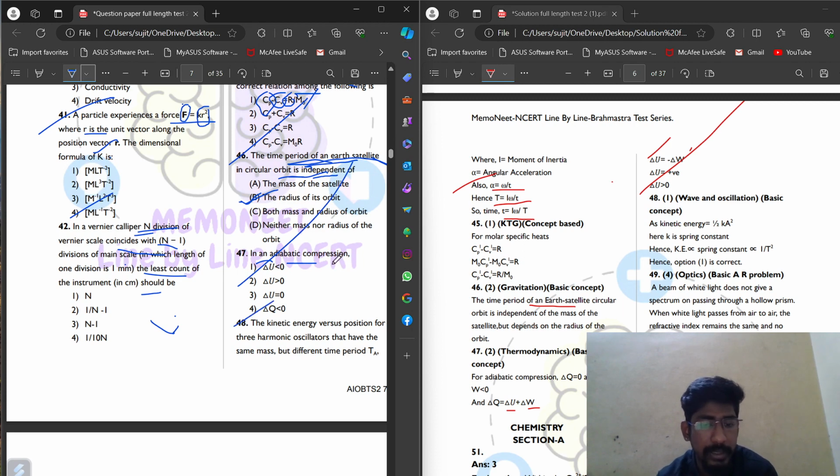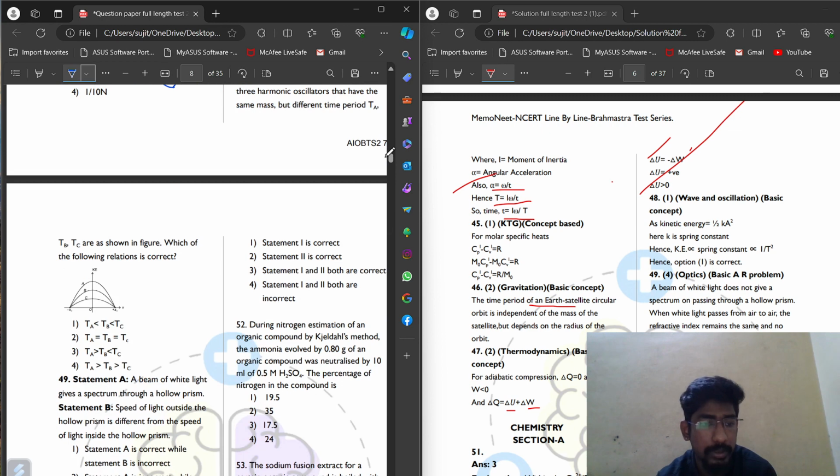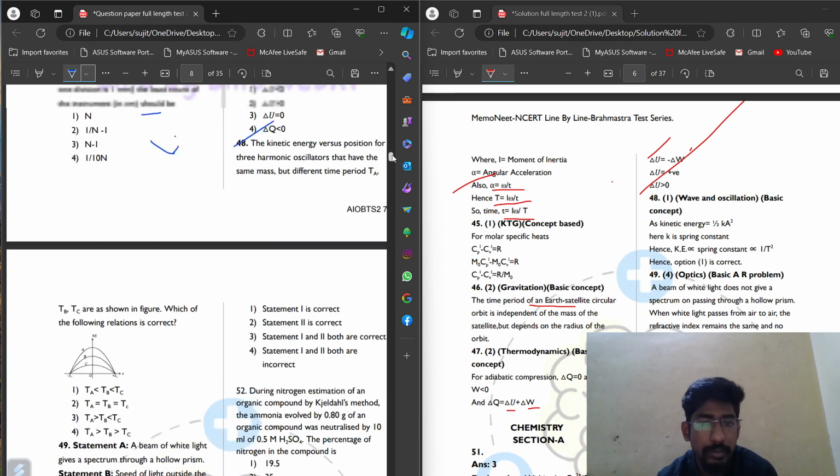For the kinetic energy versus position graph for the harmonic oscillators, the three harmonic oscillators have the same mass. The given formula for the time period, capital T, is 2 pi root over L by G. From the formula you can say that T depends on the length and the gravitation.